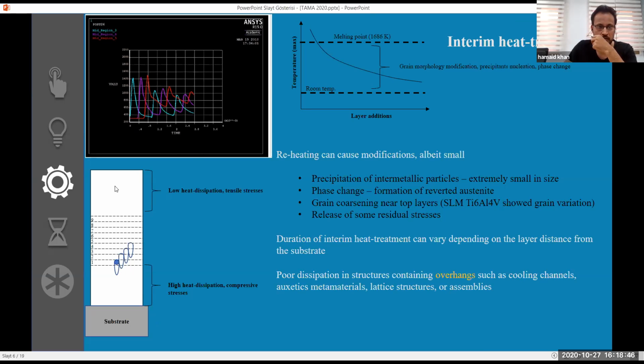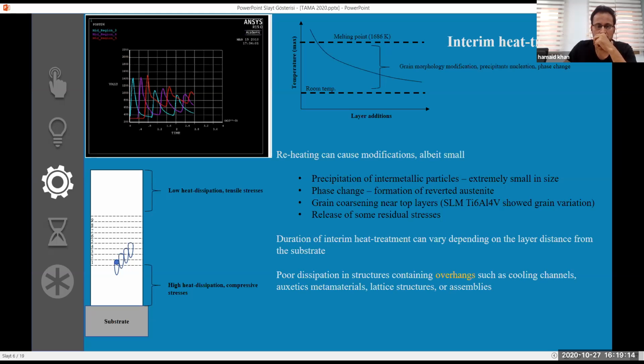But if the region is here, the heat dissipation is going to be very slow. As a result, this region can experience the interim heat treatment for a longer duration, and that can modify the grains and the precipitate nucleation. Apart from that, of course, there's one important aspect here: the interim heat treatments are going to be for a few microseconds, maybe like 10 or 20 microseconds.